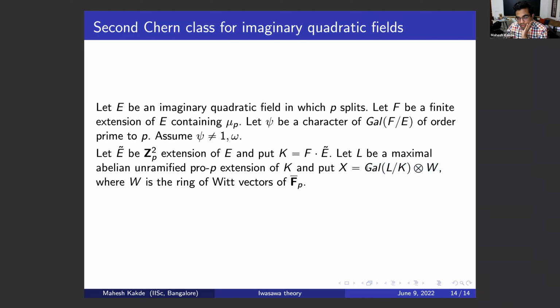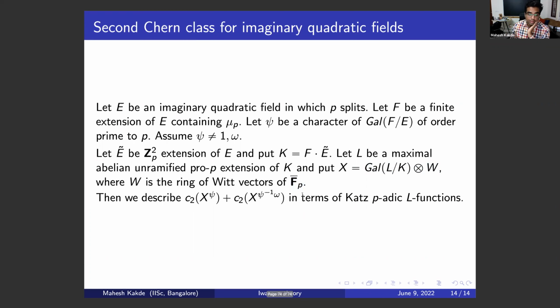I have to extend the scalars of X to the ring of Witt vectors of F_p bar for some technical reason. But once I do that, I can take the ψ component and then the ψ inverse ω component of X.